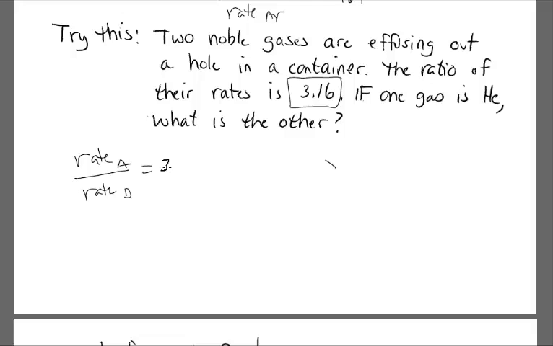is equal to 3.16. Now that number is obviously greater than 1, which means that the lighter molecule is going to be on top. It's going to be rate A, the lighter molecule. The heavier one will be rate B on the bottom. So since they're both noble gases, and helium is the lightest noble gas, we know that the one on top has got to be helium.